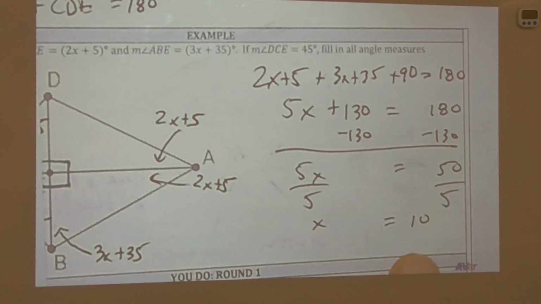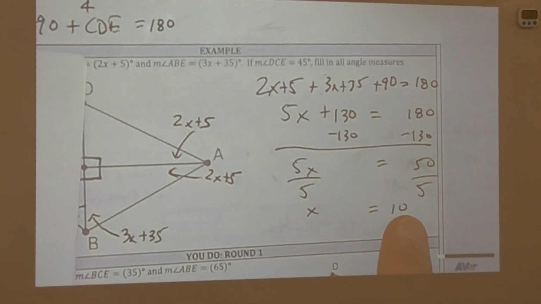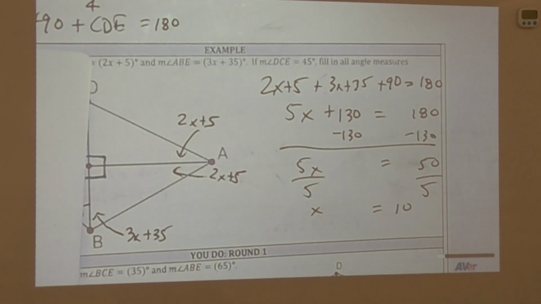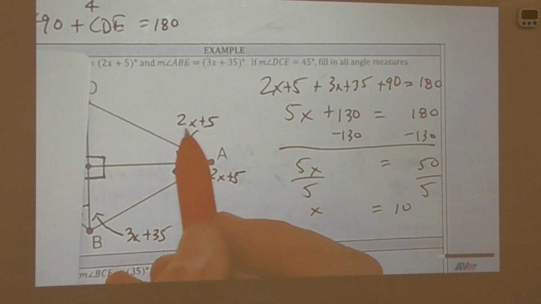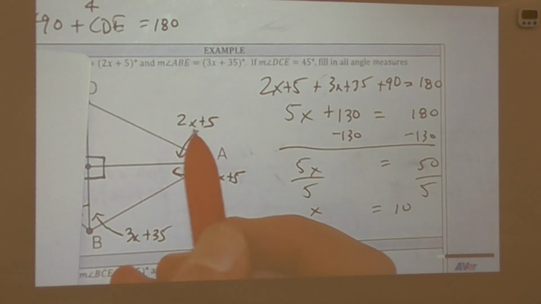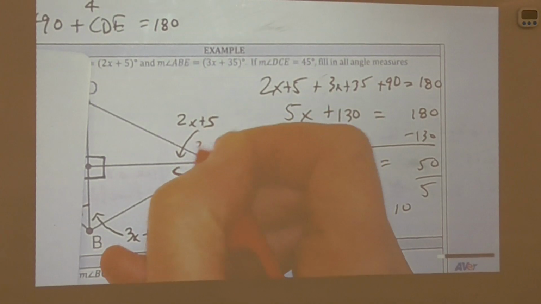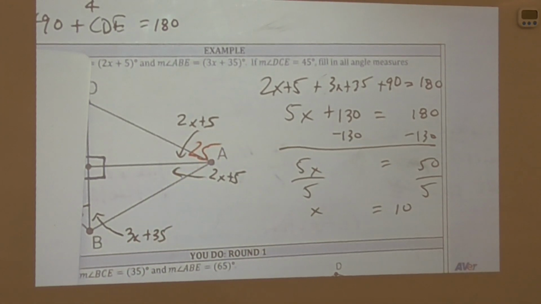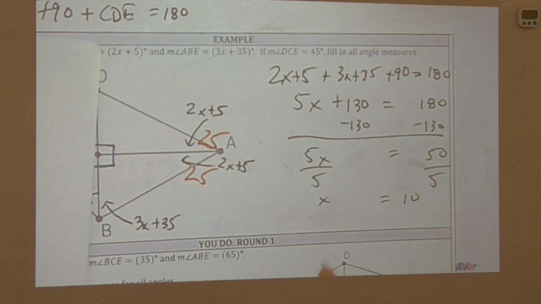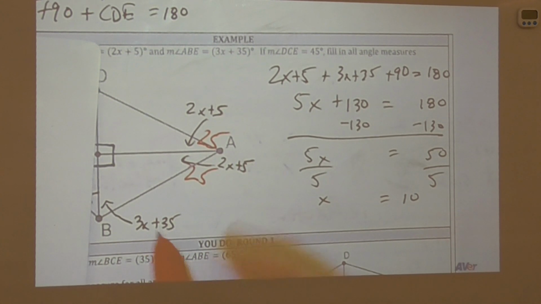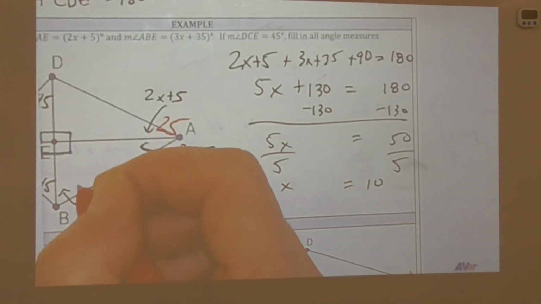Then I can substitute 10 back in to find these other angles. If I substitute 10 here into 2x plus 5, I get 25 degrees, and 25 degrees here. Then if I substitute here, I get 3 times 10 is 30 plus 35 is 65 down here.